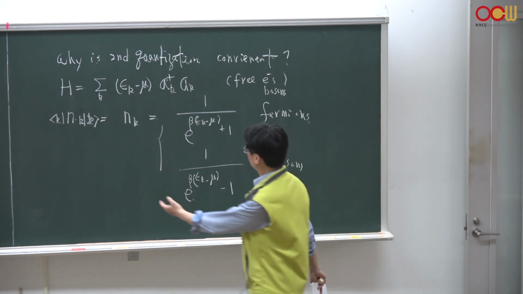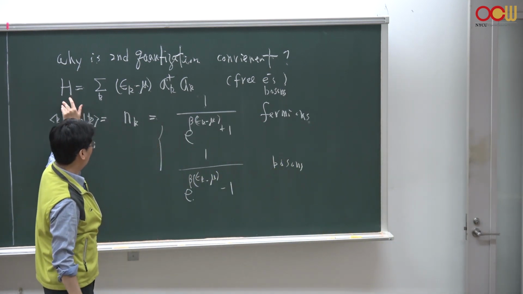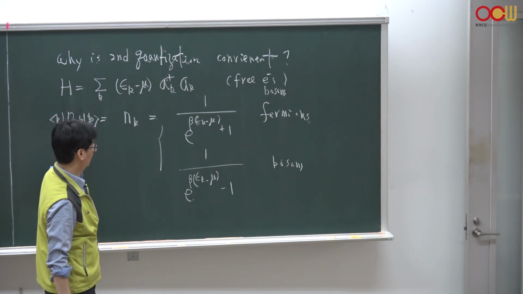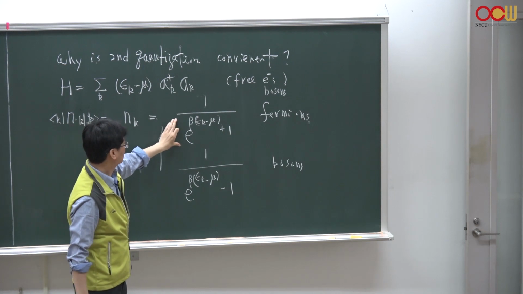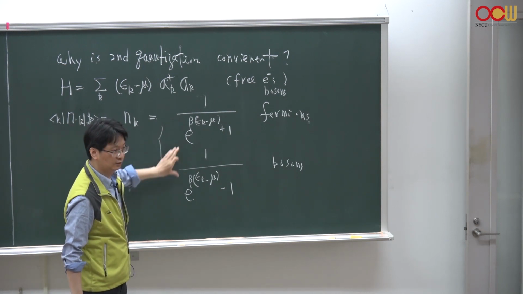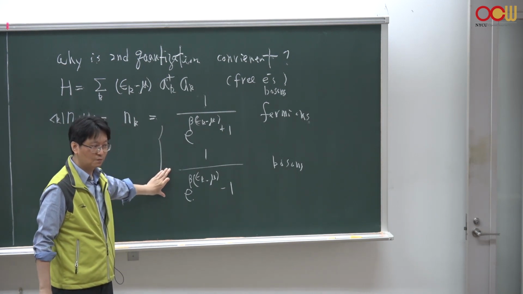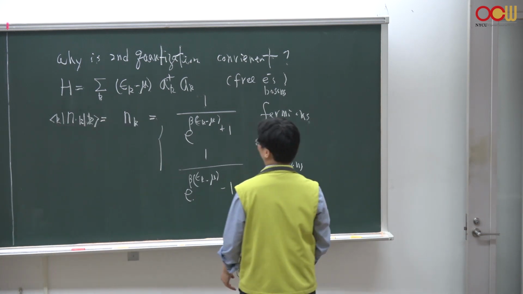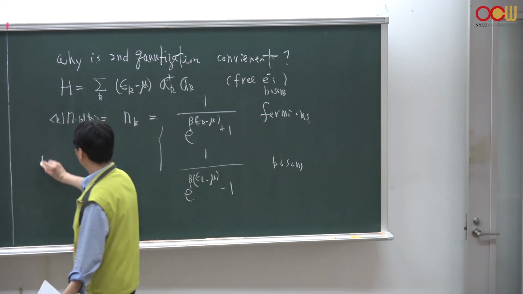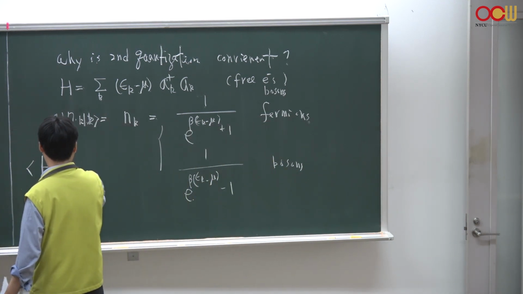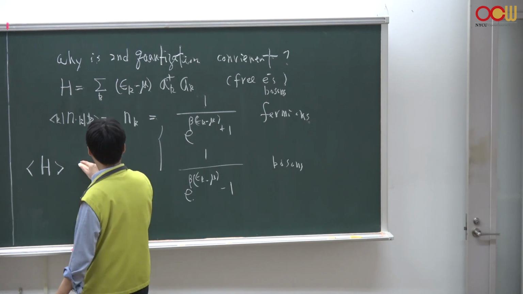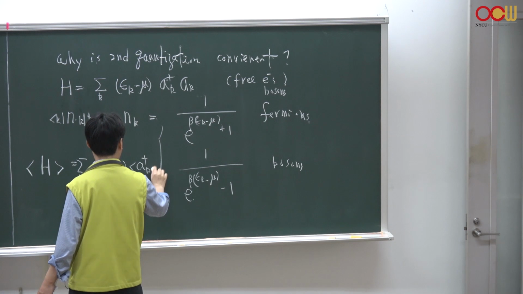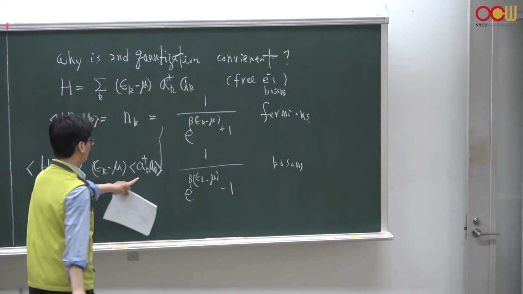And this is the Hamiltonian. And we evaluate the expectation value of the number operator. So this gives us either the Fermi-Dirac or the Bose-Einstein distribution function, and the problem is solved. Because if I take the expectation value of this Hamiltonian, it is nothing but this, right? a dagger k, a k, take an expectation value, right?